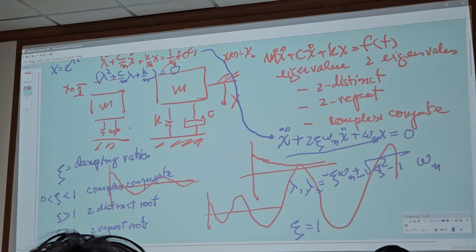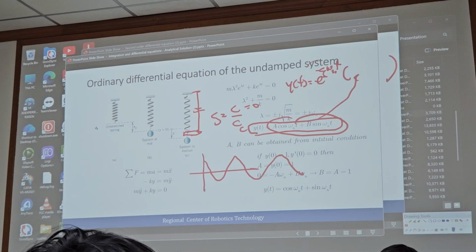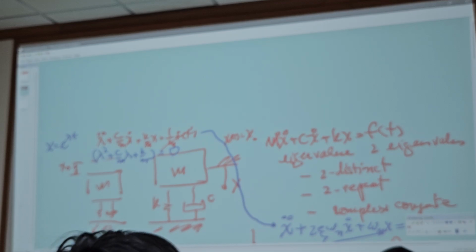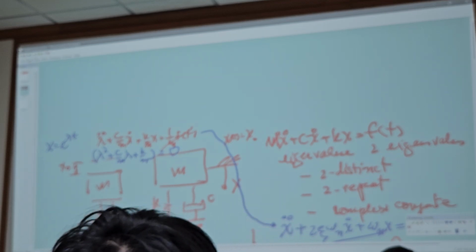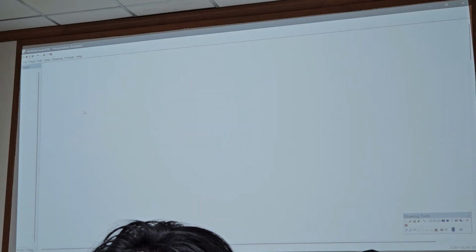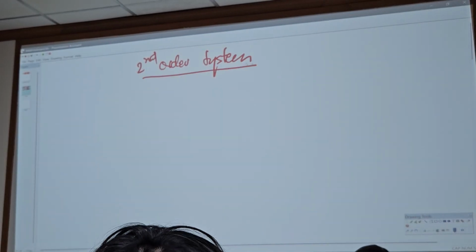Okay, for second order system. So look at this one, if you have second order system, okay, you have this one.